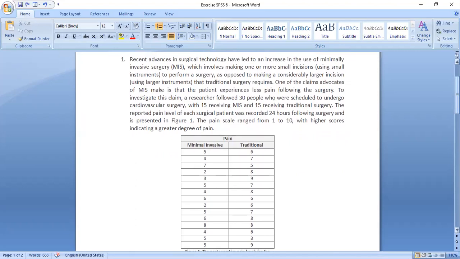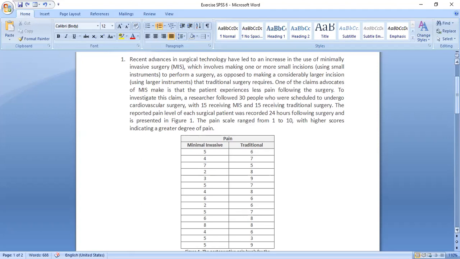One of the claims advocates of MIS makes is that patients experience less pain following the surgery. To investigate this claim, a researcher followed 30 people who were scheduled to undergo cardiovascular surgery, with 15 receiving MIS and 15 receiving traditional surgery. The reported pain level of each surgical patient was recorded 24 hours following surgery and is presented in figure 1. The pain scale ranged from 1 to 10, with higher scores indicating a greater degree of pain.